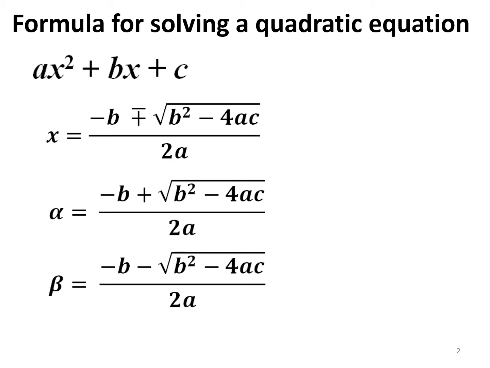One value is denoted as alpha, another value is denoted as beta. Alpha is equal to minus b plus under root b square minus 4ac upon 2a, and beta is equal to minus b minus under root b square minus 4ac upon 2a.